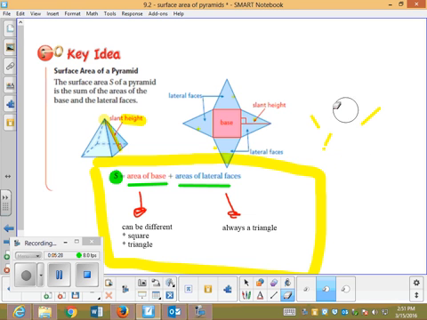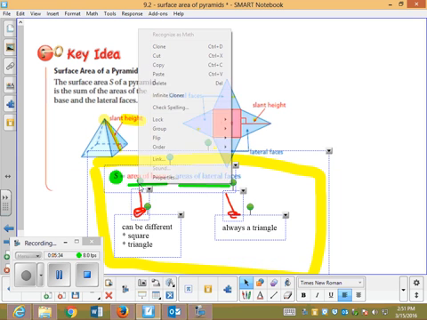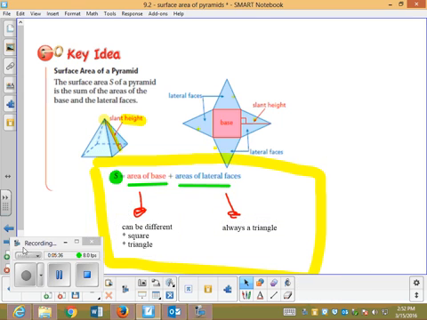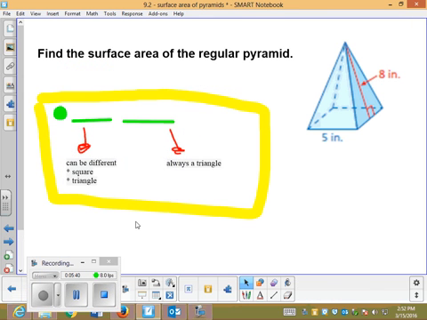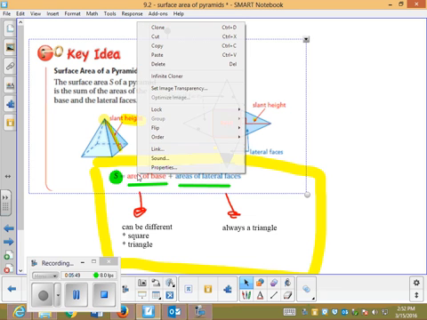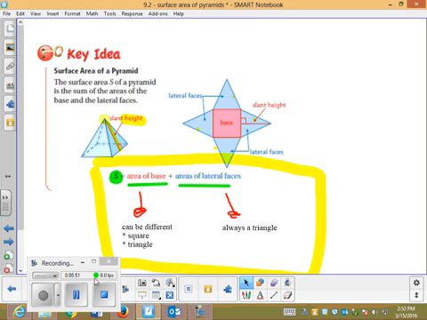Okay. All right. Let's go ahead now and I'm going to have you practice an example with me. So I'm going to cut and paste this formula so we can have it for the next one. In this one, it says to find the surface area of a regular pyramid. The formula is area of a base plus area of lateral faces.